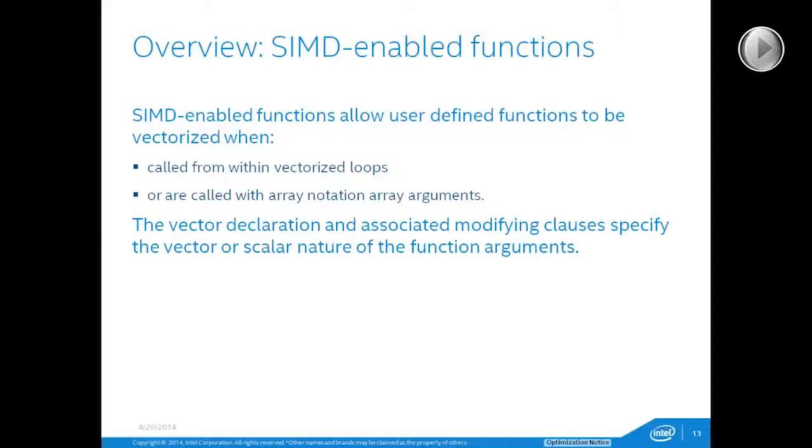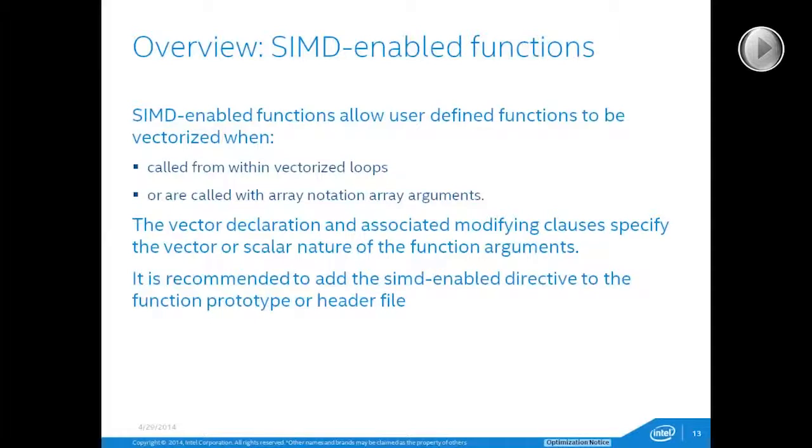And where do you specify this pragma? Well, every function prototype is registered in a header file. That's the right place where you go and annotate a particular function as a SIMD-enabled function. The reason is that when you annotate the header file where the function prototype is defined, that definition is visible across multiple call sites.